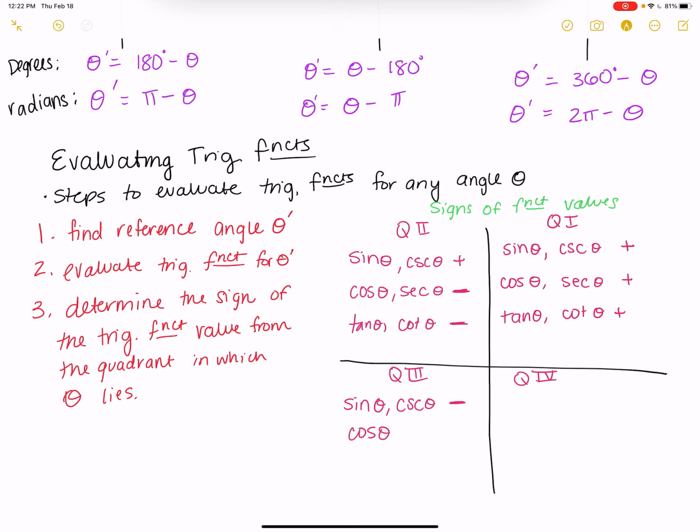Cosine of theta, secant of theta is negative, and then tangent of theta and cotangent of theta, because x and y are both negative, that makes them positive. Okay, and I can do a walkthrough and explain how I'm getting these better in class, so somebody just remind me of that.